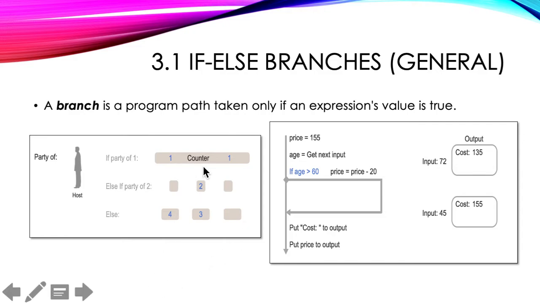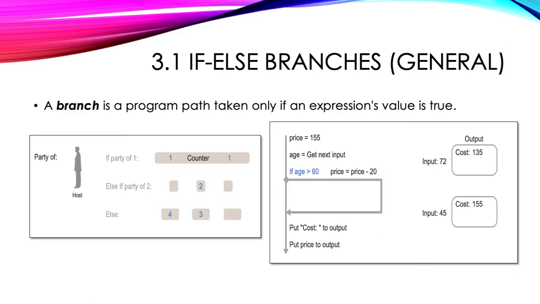If, let's say, 2 persons come to the restaurant, else the host or the waiter will bring the customer to a table of 2, and if more than that, 3 or 4, it will bring them to a bigger table. Okay? So that's one example.